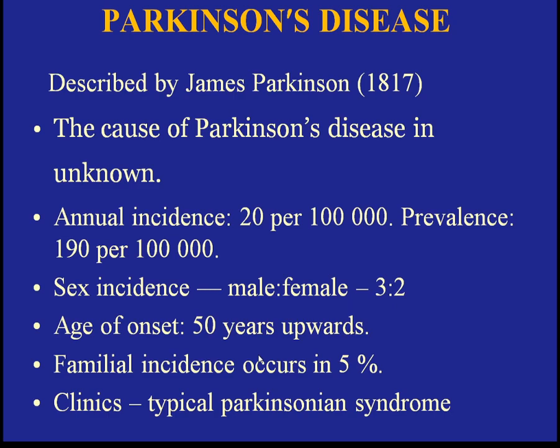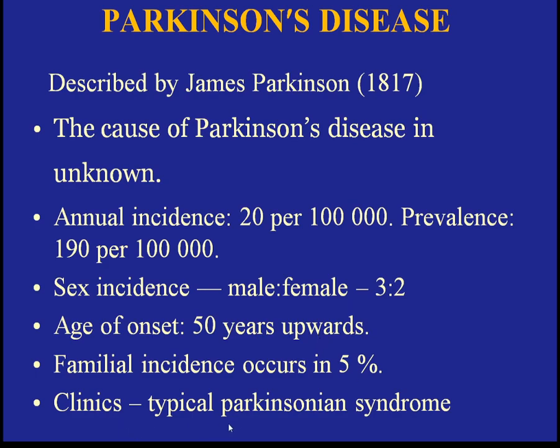The cause of Parkinson's disease, unfortunately, is unknown. You can see on the picture incidence, prevalence, sex incidence. I want to draw attention, age of onset, 50 years upwards, rarely earlier in age.